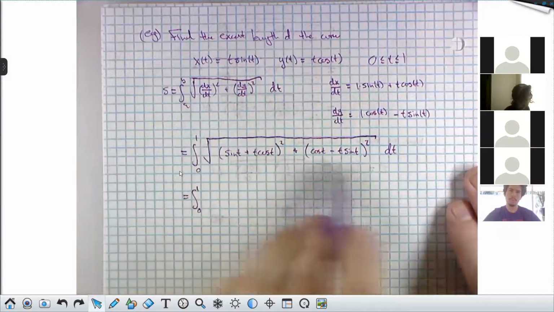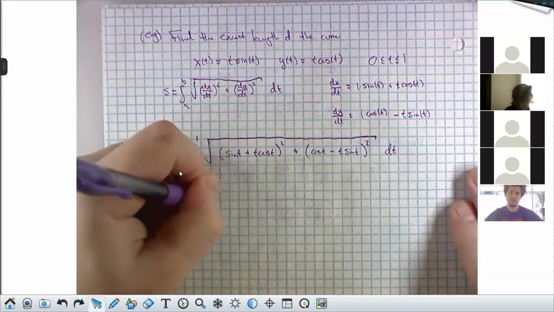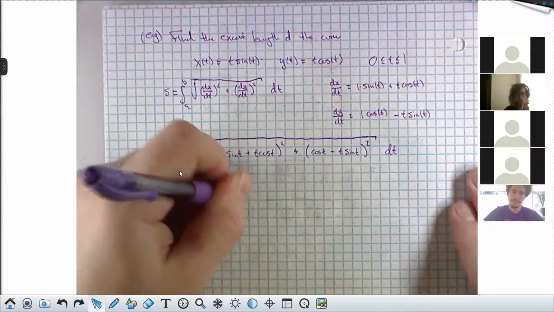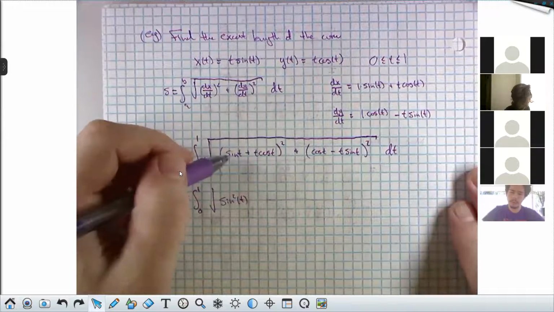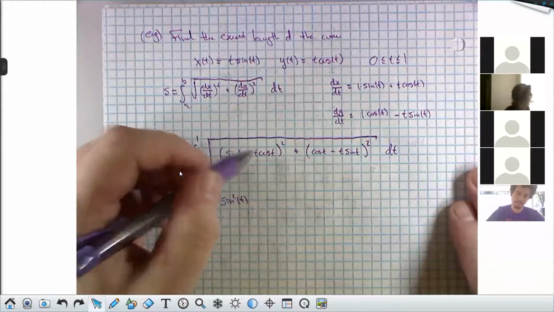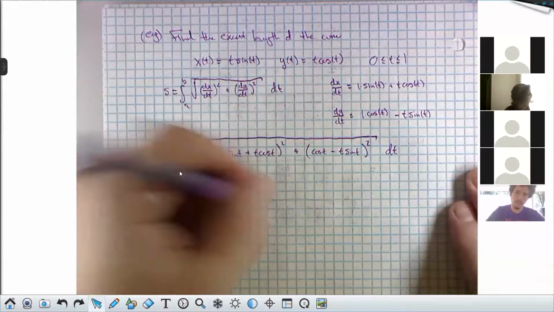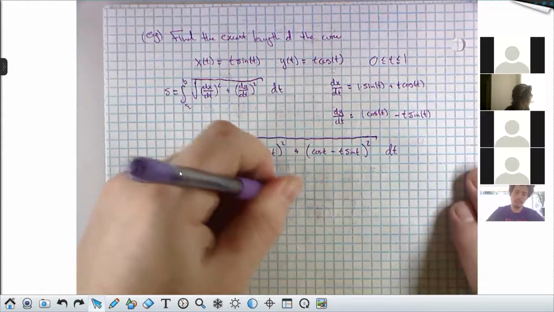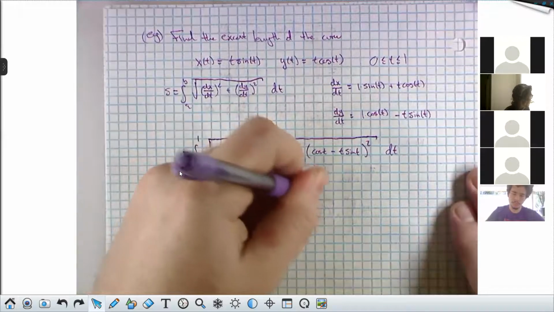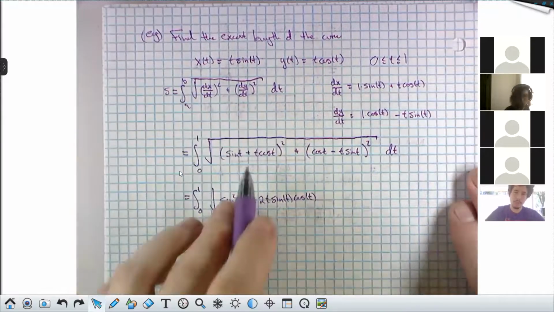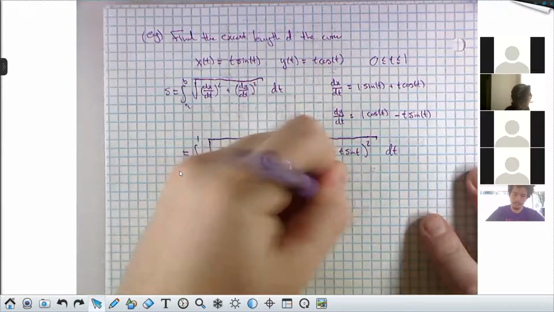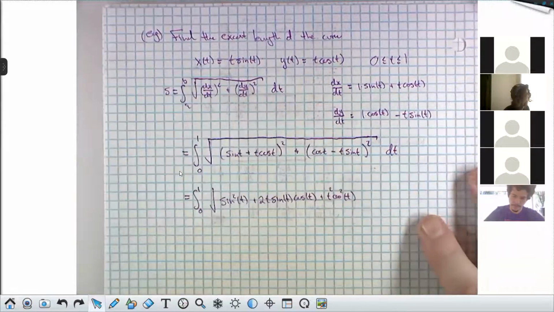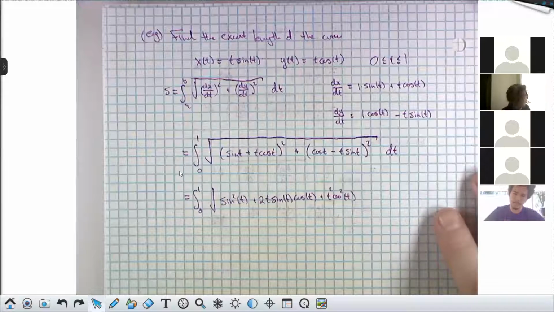We can FOIL this apparatus out. So underneath my square root, I'll have sine squared t plus 2t sine t cos t plus t squared cos squared t. That's the first piece.